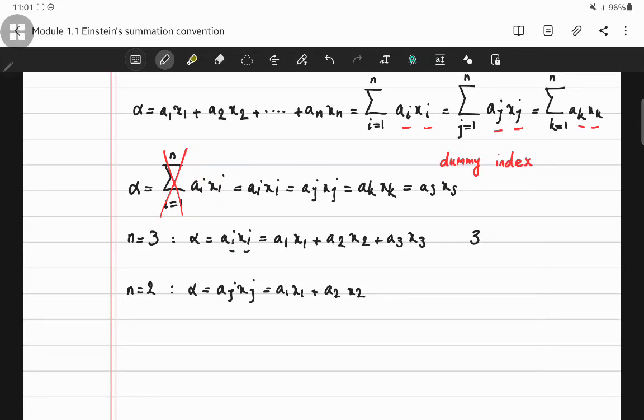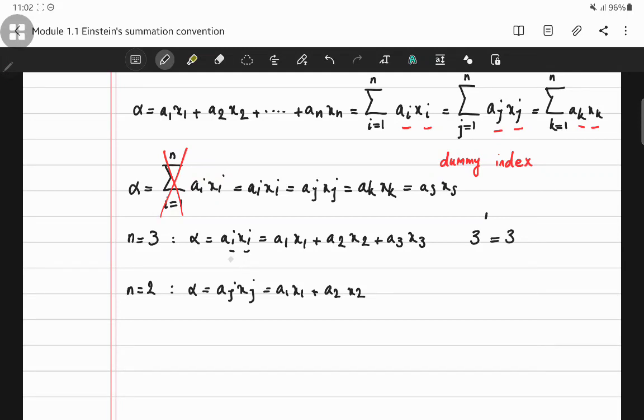For example, here we have this I twice, so this is a dummy index because this is repeated twice. We will elaborate on this later, but here you have I, a dummy index, so we have 3 to the power 1 terms, which is obviously 3.